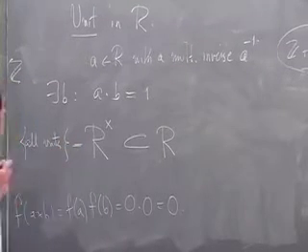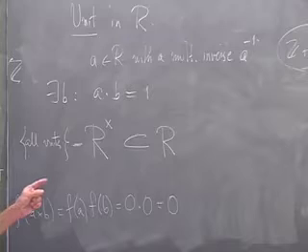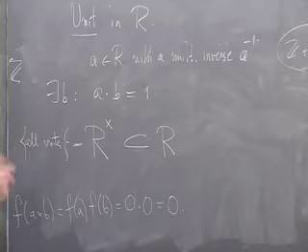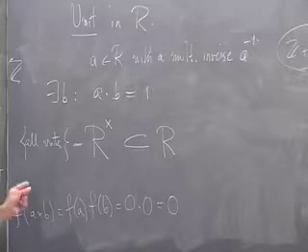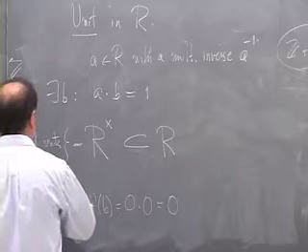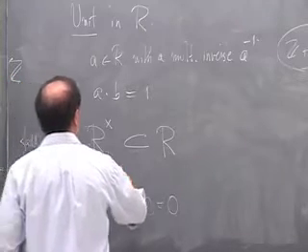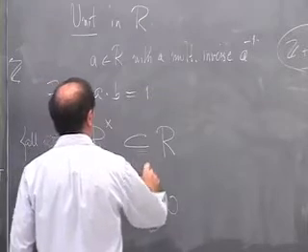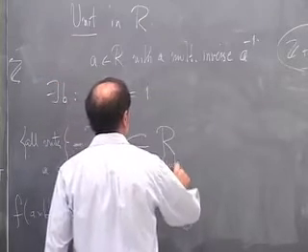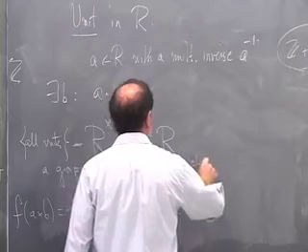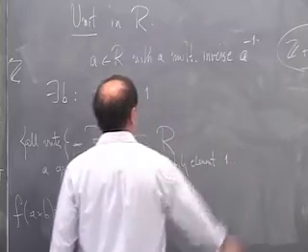That's not closed under addition anymore, as we're going to see, but it's closed under multiplication, and it forms a group with identity element 1. See, I've just set it up.